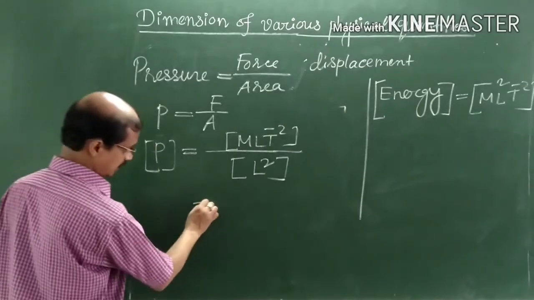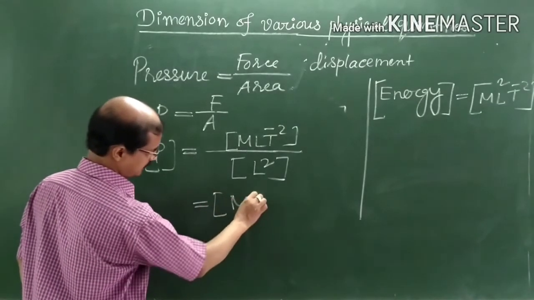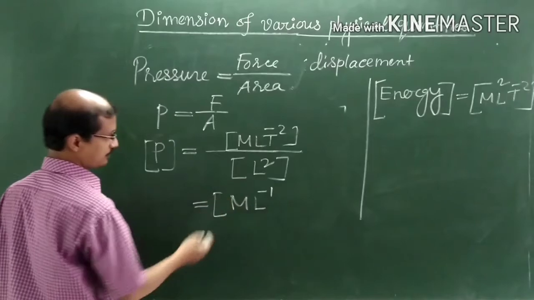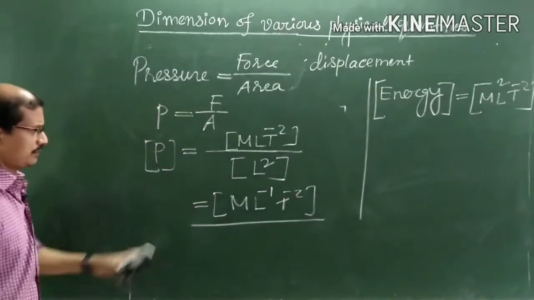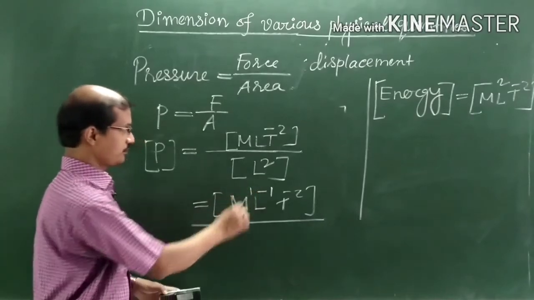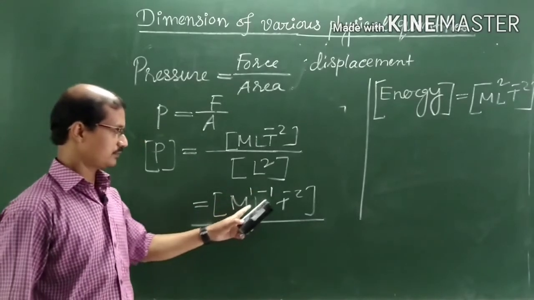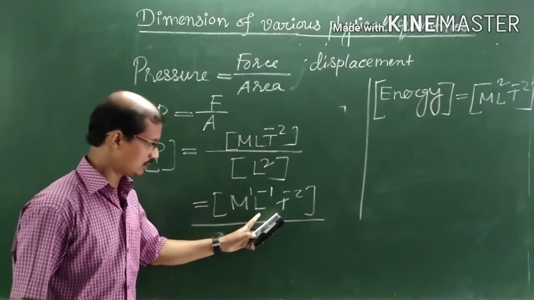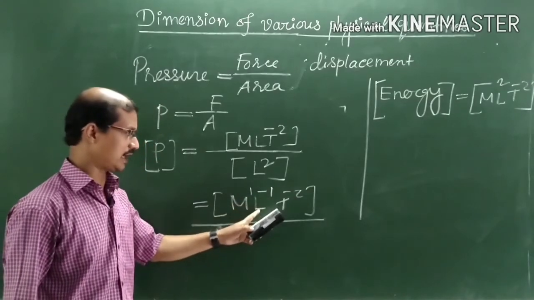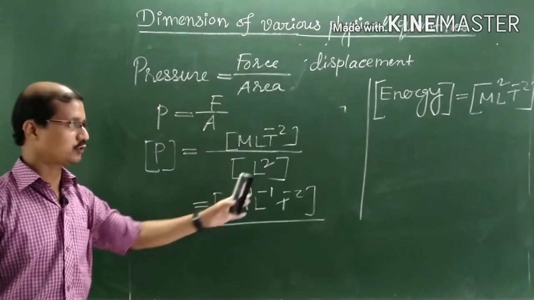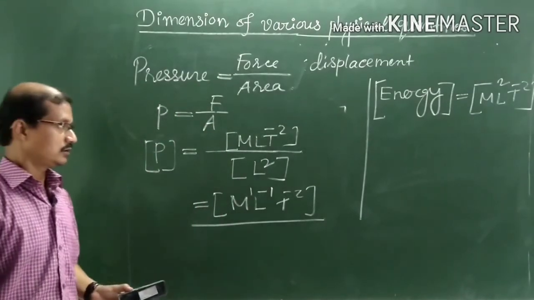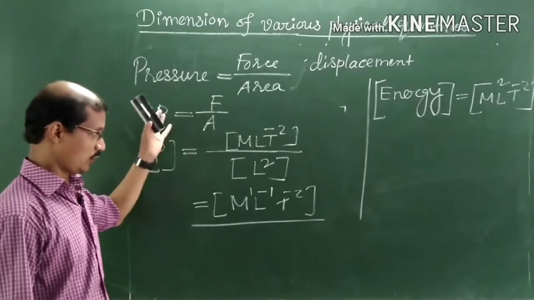After simplifying you will get M L inverse T inverse 2. So the dimension of pressure is 1 in mass, minus 1 in length and minus 2 in time. Okay? In this way we can find the dimensions of different quantities.